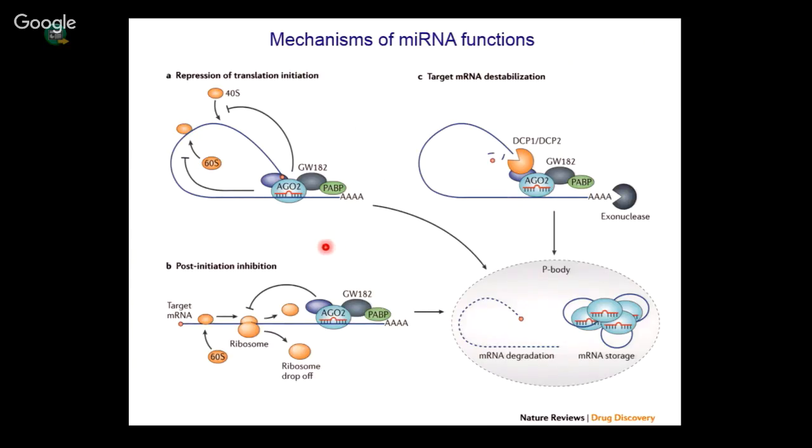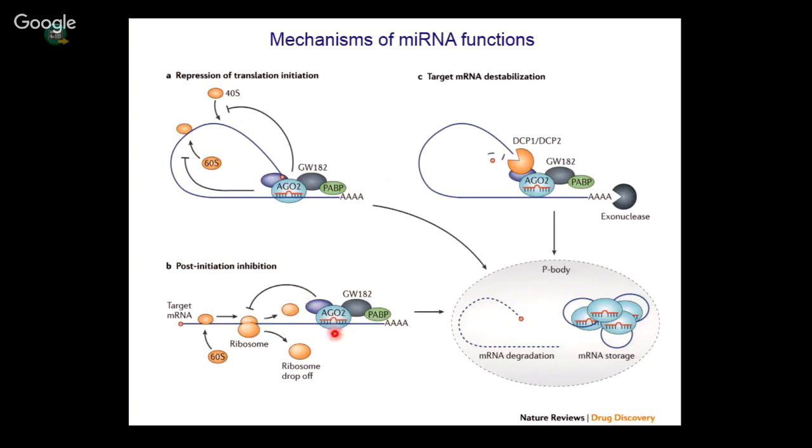But in addition to those, other labs also suggest some mechanisms. So there's not exactly one mechanism; those can happen simultaneously. AGO2 can block the entrance of the 40S or 60S for the initiation of translation. Or in some labs, they show that the interaction of the microRNA with the 3' end will trigger ribosome early drop-off, meaning that the translation efficiency is decreased.